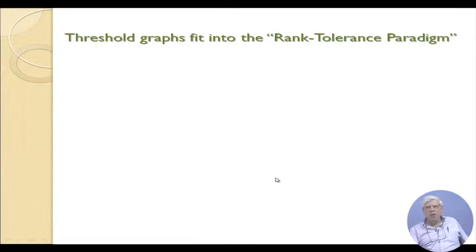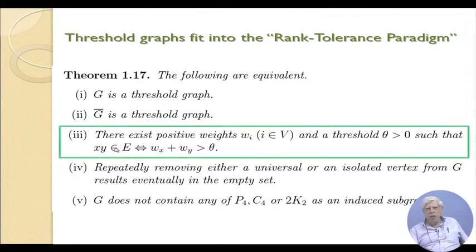Okay, so threshold graphs happen to fit into this paradigm. If you look at this boxed characterization number 3 that we saw before, well, this inequality that needs to be satisfied is of that form. Here, the W's are the ranks.